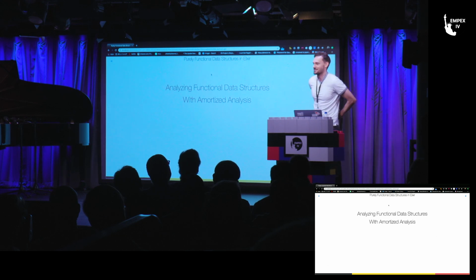So when you're analyzing a data structure for worst case running time, basically you're looking at what would be, in the worst case scenario, how long would a function call or some kind of operation on a data structure take. So in the case of lists in Elixir, if you're searching for something in a list, the worst thing that can happen is it has to search all the way through the list, right?